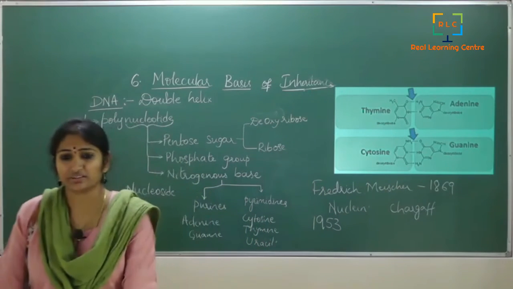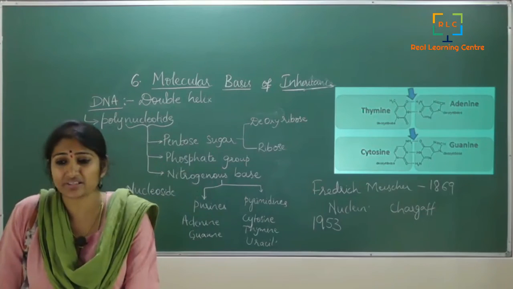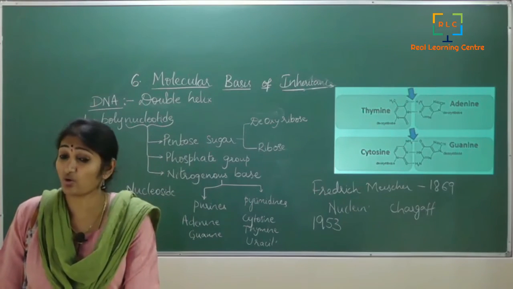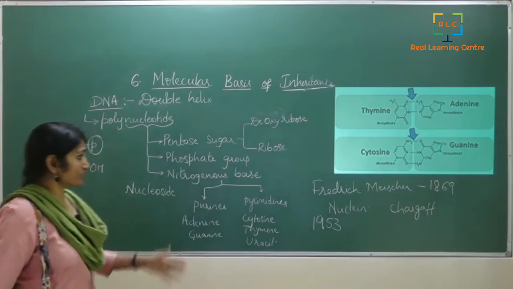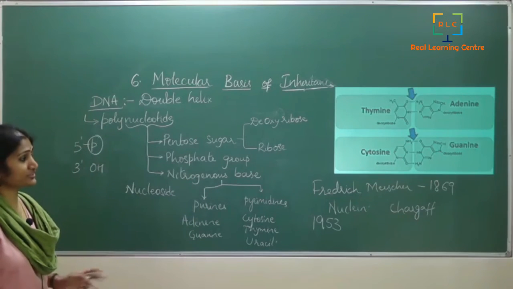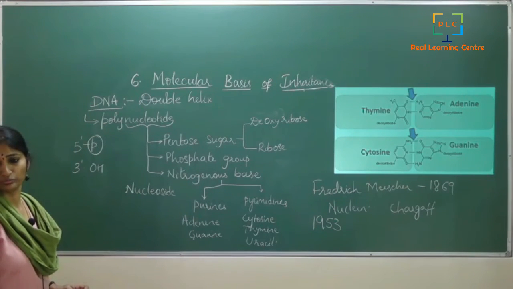So the ratios of A's to T's and G's to C's are always constant, and equal to 1. This was proposed by Chargaff, and in fact it's called Chargaff's rule.